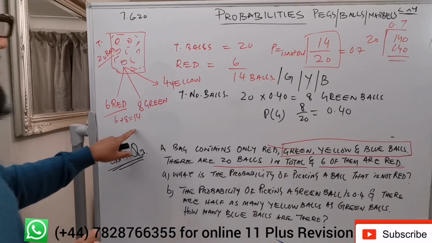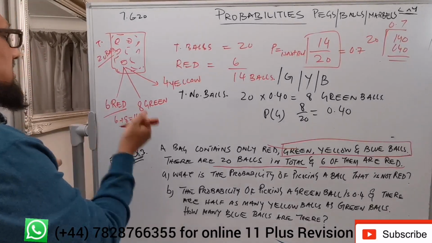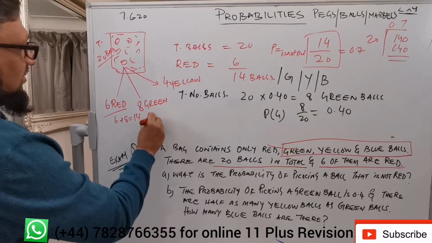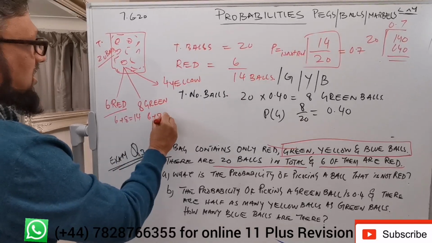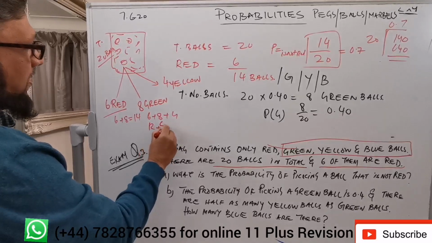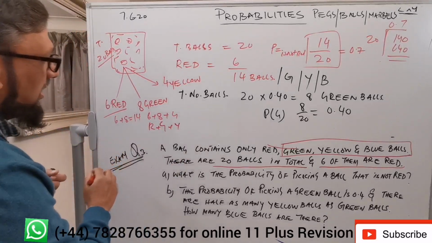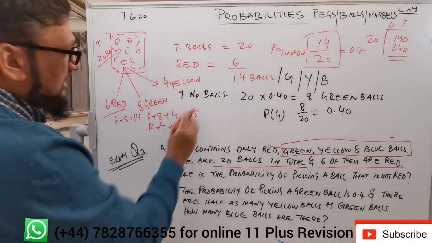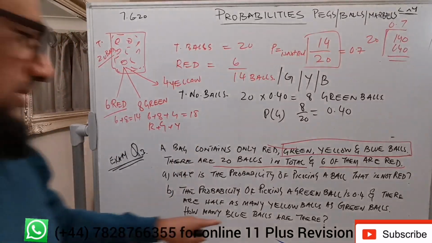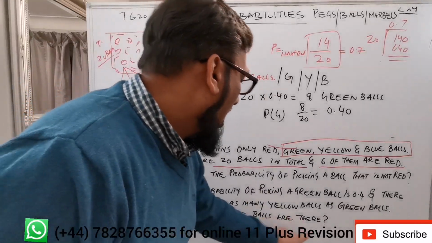So we need to add, okay, what? 6 plus 8 plus 4, red, green, yellow. So which is coming to 18. The question is asking how many blue are there.